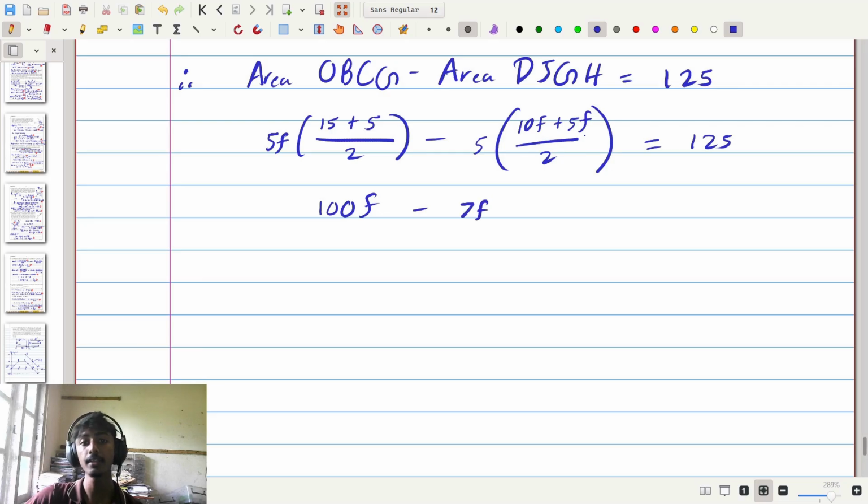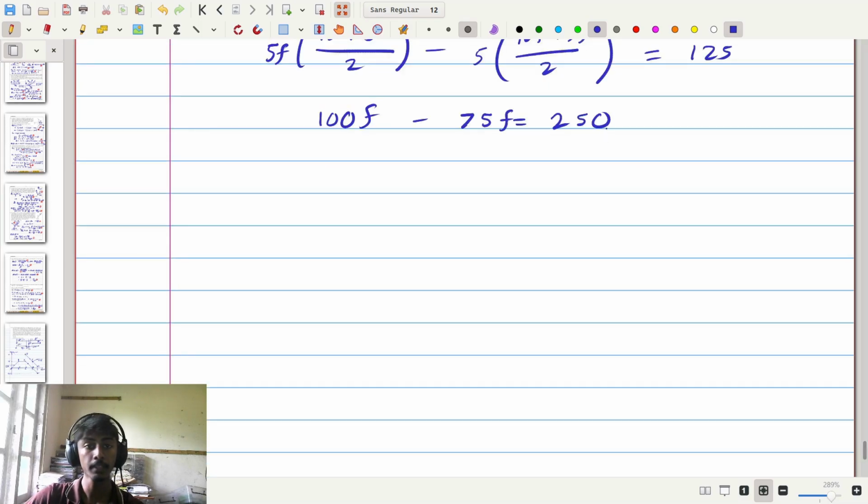So here we get 75f. But on the other side, when we multiply by 2, we are going to be left with 125 times 2, which is 250. And therefore we get 100f minus 75f equal 250. Now simplifying, we can see we have 25f equal 250, and therefore finally we can see f must be equal to 250 divided by 25, which is 10, and therefore the value of f is 10.